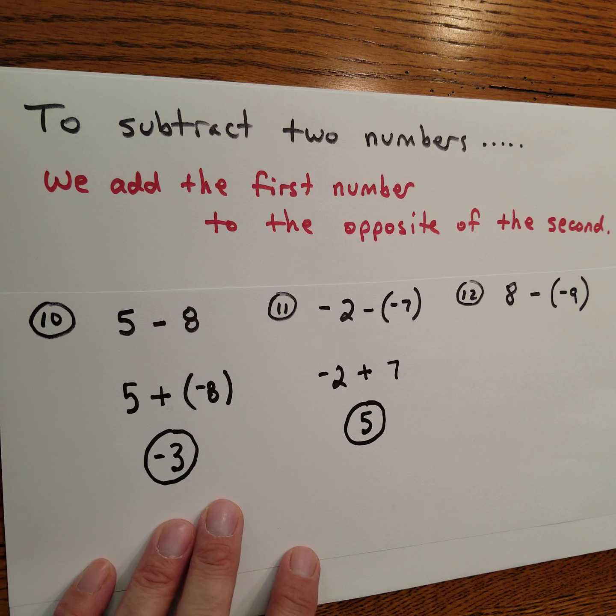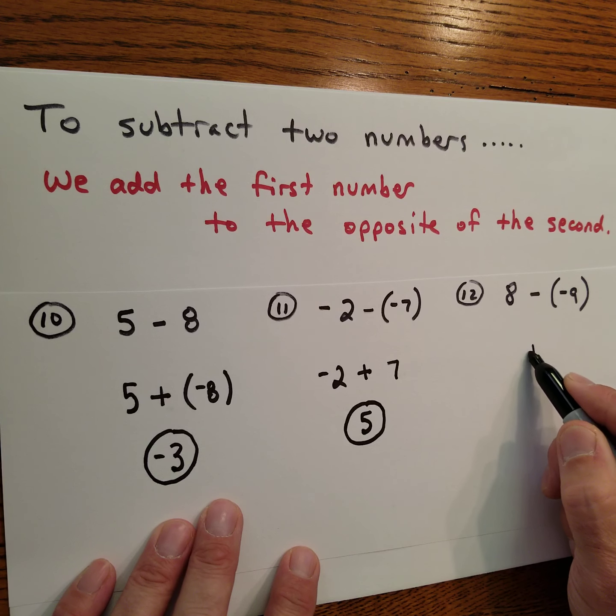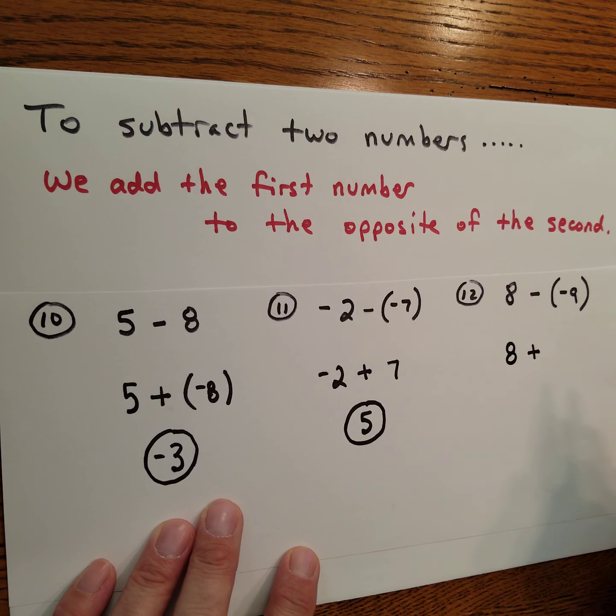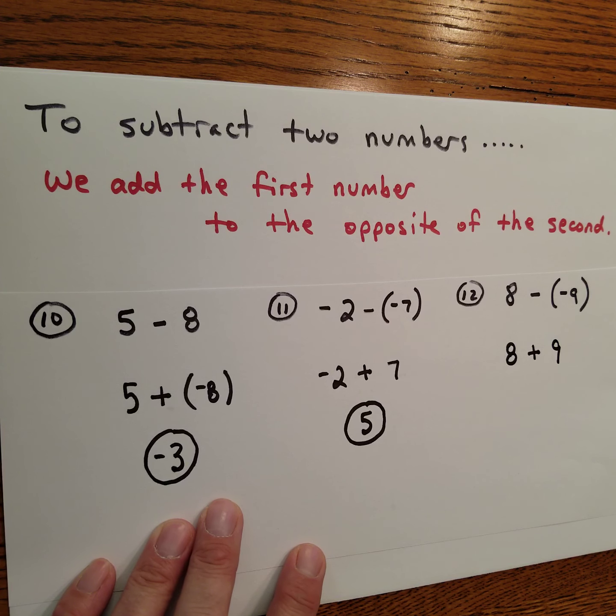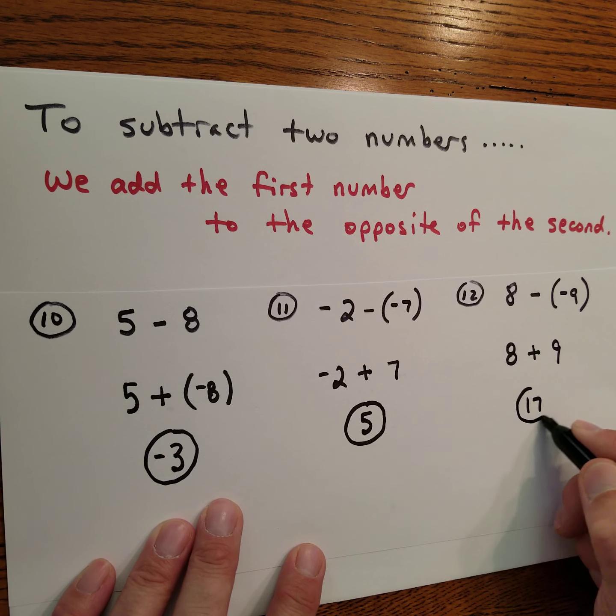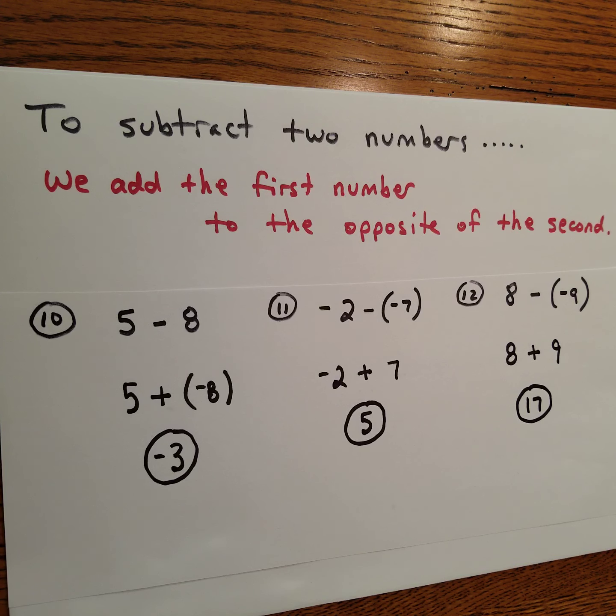Last example, subtraction becomes addition of the first number and the opposite of the second number. The opposite of a -9 is a +9. And 8 plus 9, that's 17. All right, your turn to practice.